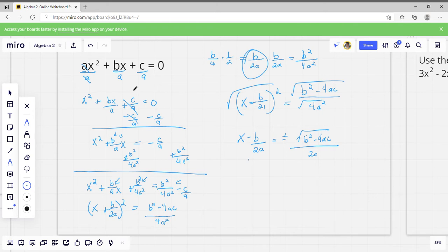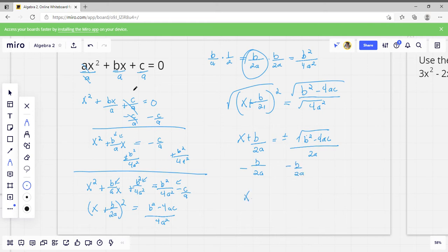Now I just have to move this b over 2a to the other side. Oops, that's supposed to be a plus, so that means this one would be a minus. So minus b over 2a.